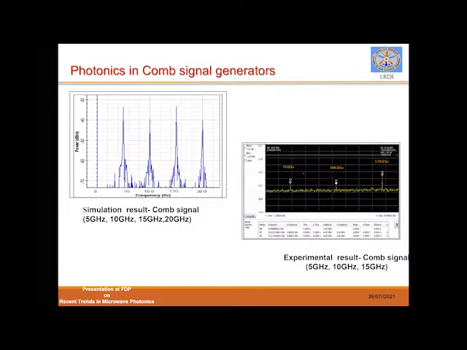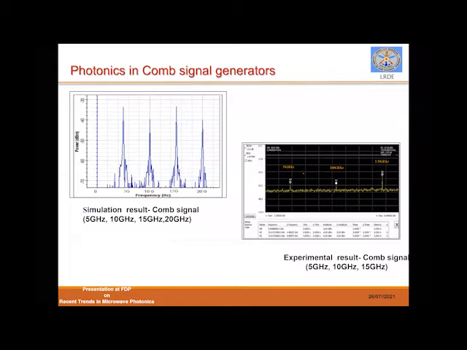Now, this shows the generation. This is only to show you some of the results I have just pulled out. In the case of simulation of a comb signal, 5 gigahertz and 10 gigahertz, simultaneously you can generate through this optical heterodyne method.